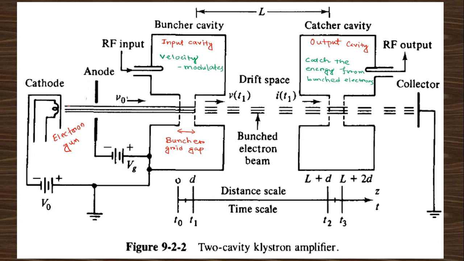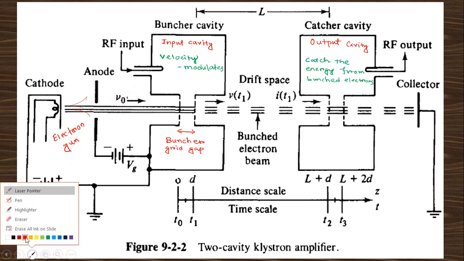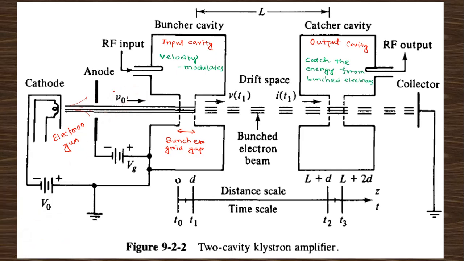This focusing magnetic field keeps them in a linear beam with a uniform velocity, such that diffraction can be neglected or minimized. So this electron moves in this direction with a uniform speed. This speed is uniform, right? No problem.